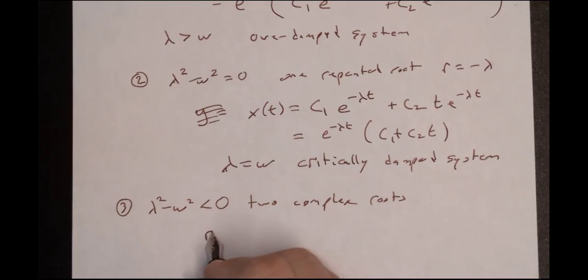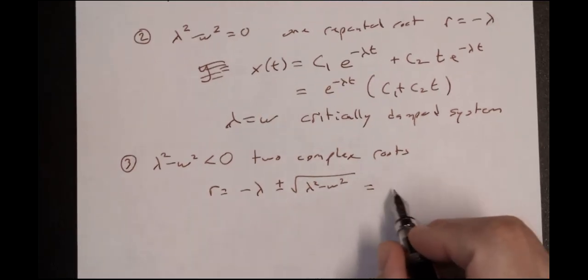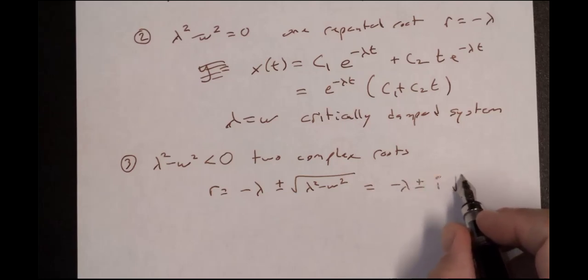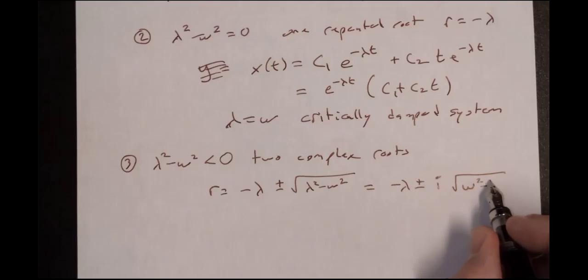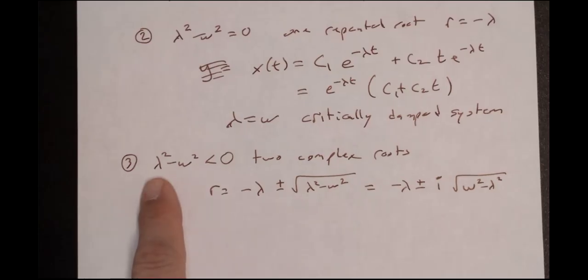R is negative lambda plus or minus the square root of lambda squared minus w squared, but that's negative, right? So I'm going to rewrite this as negative lambda plus or minus i times the square root of w squared minus lambda squared. Because that would switch it to being positive under the square root, wouldn't it? If this one is negative, reverse the order and you get something that's positive.